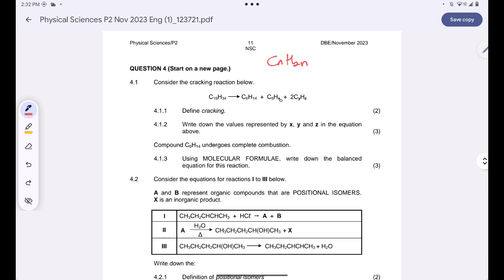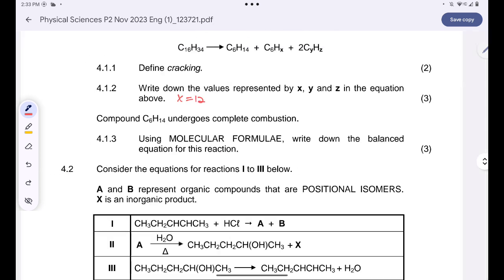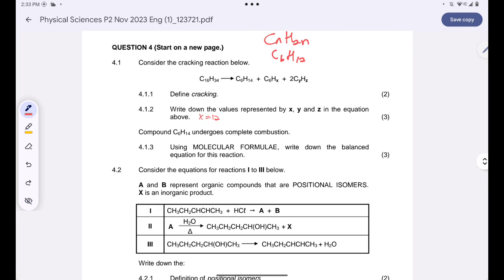Since I know that I have a 6 there, it simply means that the value of x has to be 12, so that I'll have C6H12. So to answer question 4.2, x has to be 12.